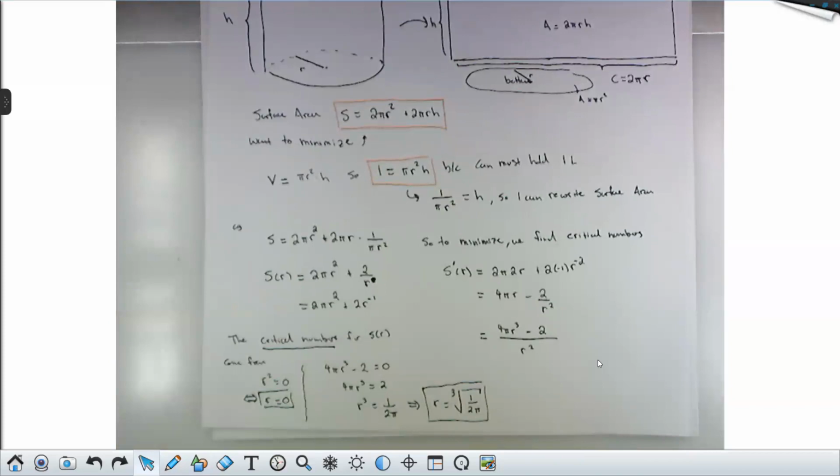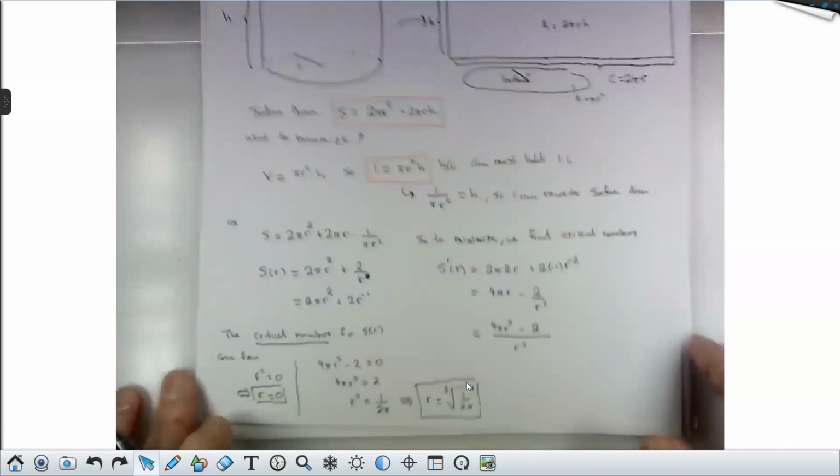Now we know that r equals 0 is not going to be our guy, right? I'm not interested in an oil can whose radius is 0. So you can use some logic to deduce that this is probably our answer. But to make sure that it is what we want it to be, we should still set up our number line. It can be tempting to make assumptions here.